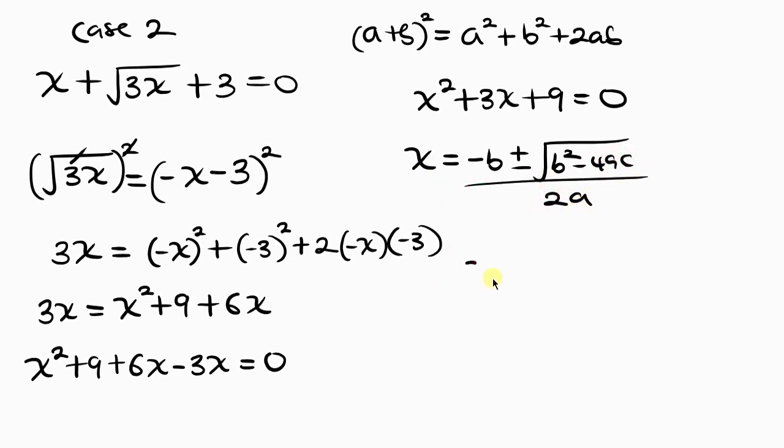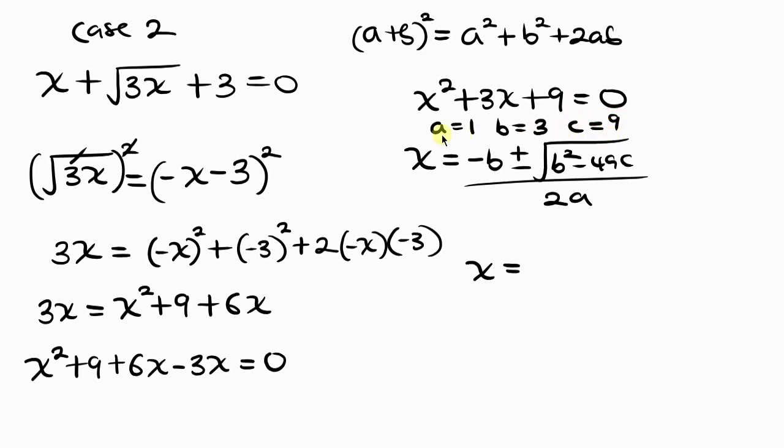So x now is equal to, now let's substitute. From what we have here, we see that a is a coefficient of x squared, so a is equal to 1. b is a coefficient of x, so b is equal to 3. And c is a constant term, and that is 9.